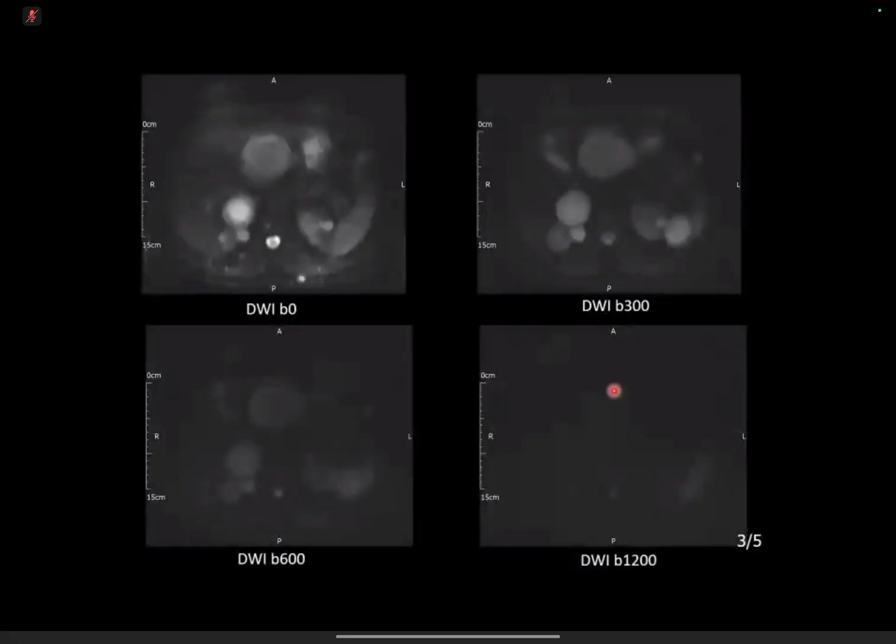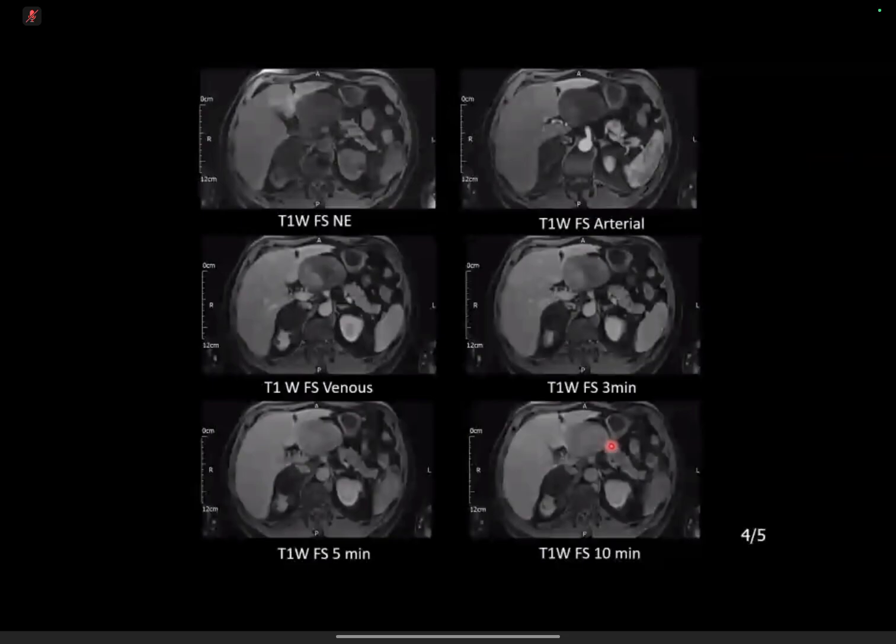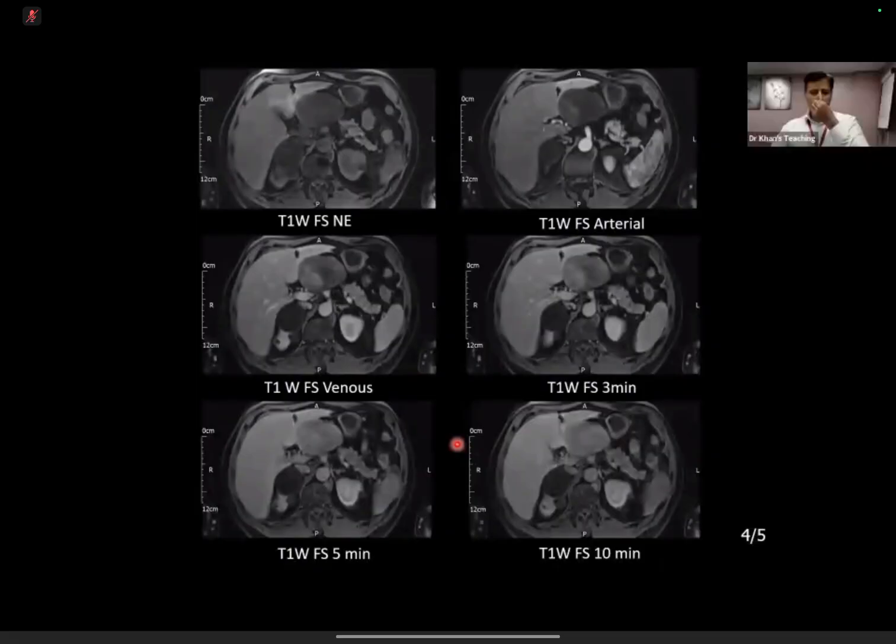A bit of restricted diffusion, right? Still bright on B1200. Bit of restricted diffusion. And then I show you contrast. So on contrast, there is some enhancement within the lesion. So what do you think? It is benign, malignant. Where are we?